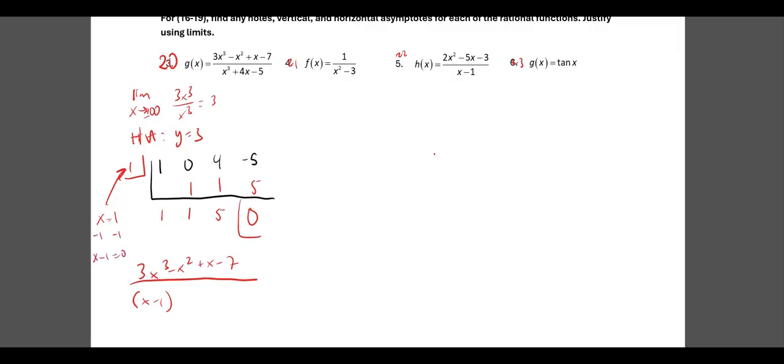So that's where that came from. And then this is your reduced quadratic. This was cubed, this is now squared: x squared plus x plus 5. So this is your vertical asymptote. The top doesn't factor, guys. So the vertical asymptote is x equals 1, and there are no holes.